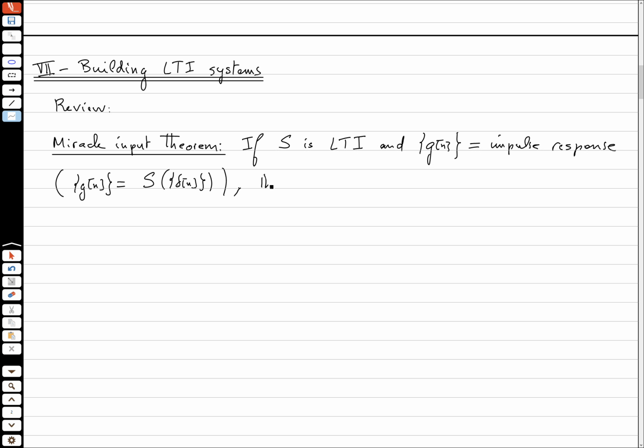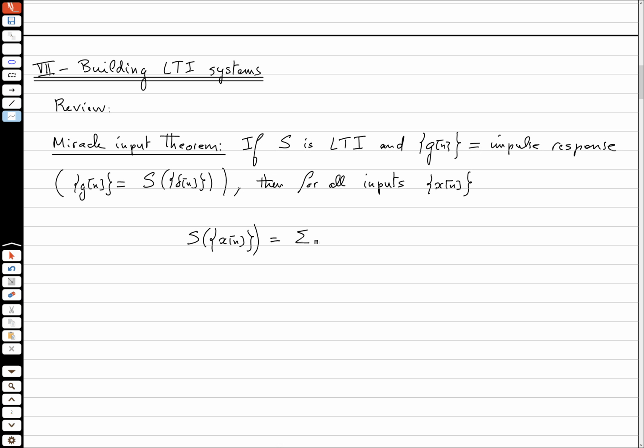Then for all inputs X of N, S of X of N, we can predict it, but we also have the formula.